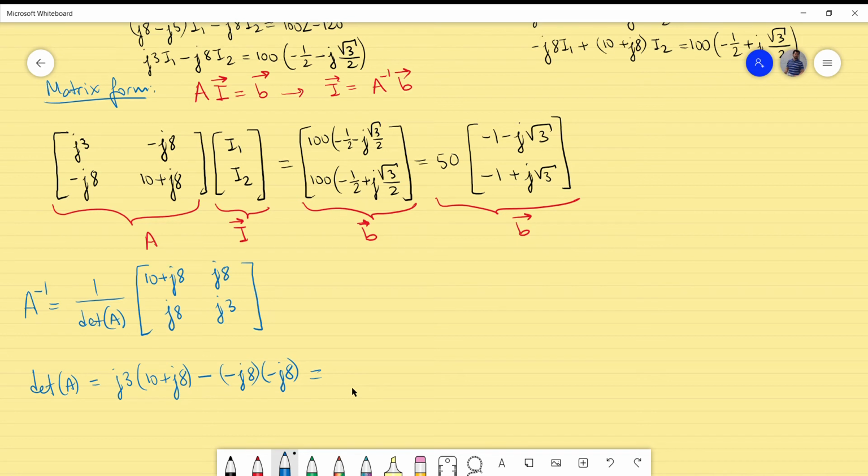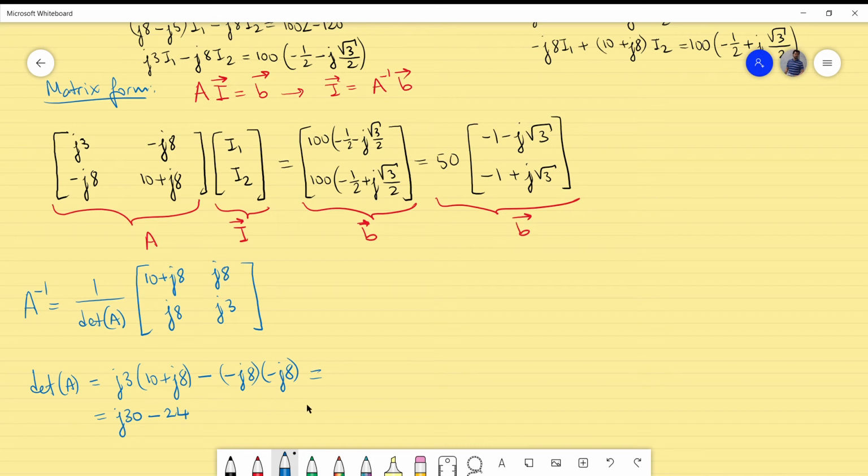So if you do the math correctly, I will also do that maybe step by step. It is J30 minus, just working the parentheses, so just J30 minus 24. J times J is of course minus 1. So you have here minus minus minus, so it will be again minus, and we have a J times J will be again minus, so it will be a plus.